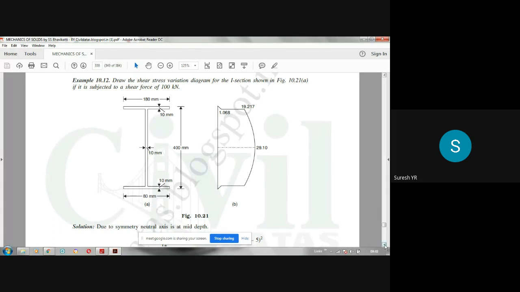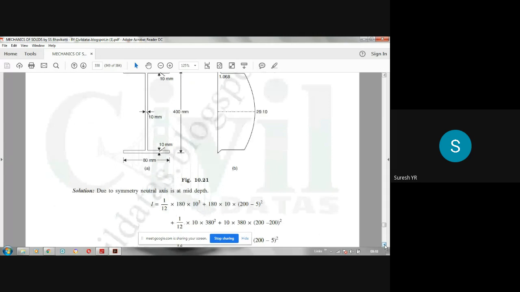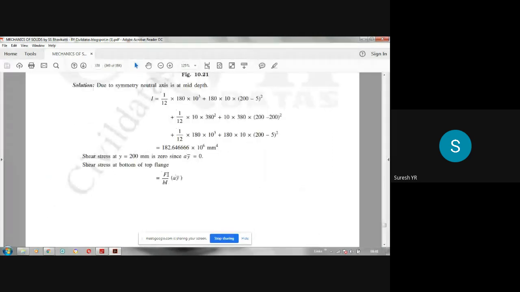In that formula, F will be 100 into 10 cube divided by I, which is this value, and B will be 170. Please note the wording you have to use: shear stress at the bottom of top flange, B is not 180. And what is A into y bar? That is very important.